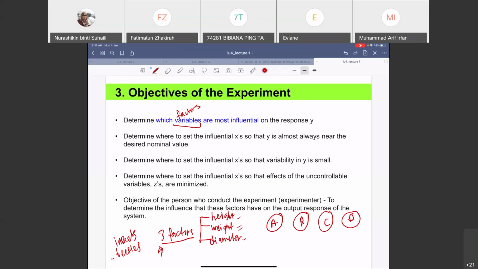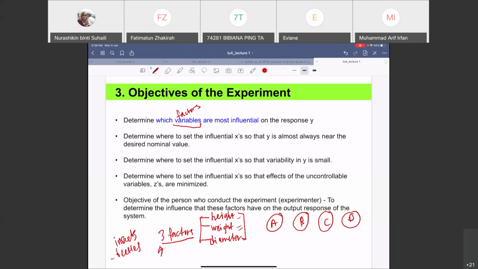You want to see how much is the variation, how the distribution of the beetles in terms of those parameters looks like. But at the same time, you also want to know which one among all of these parameters or factors that you are analyzing will give you the most significant effect or the most significant variation.